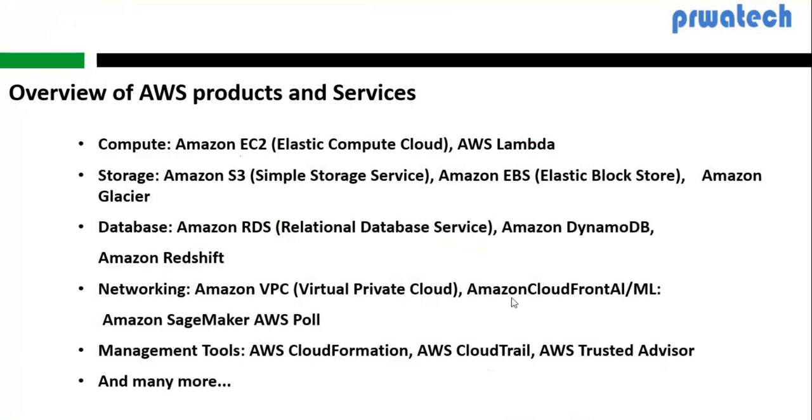For AI and ML, we will be using Amazon SageMaker and AWS Polly. And coming to management tools, you'll get AWS CloudFormation, AWS CloudTrail, and AWS Trusted Advisor. And there are many more services available in AWS.